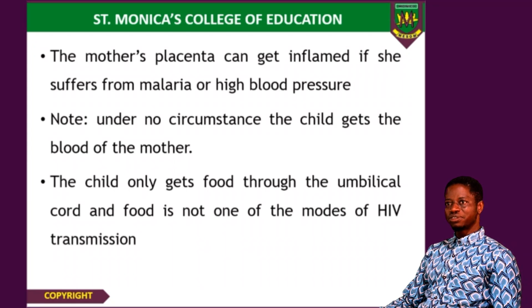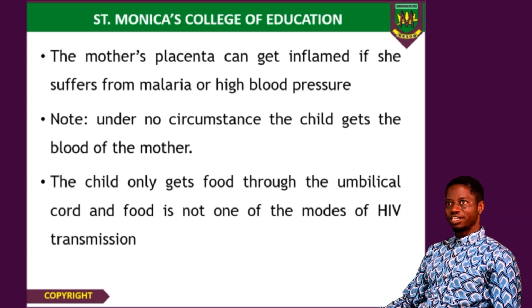If the amniotic fluid is infected, the fetus floats in HIV infected liquid, and the amniotic fluid normally surrounds the unborn baby. So if the mother is infected, the child can also be infected. Then the mother's placenta can get inflamed if she suffers from malaria or high blood pressure.